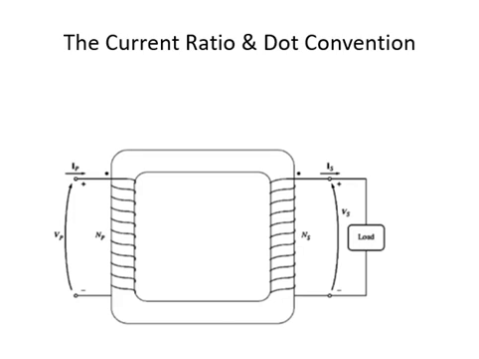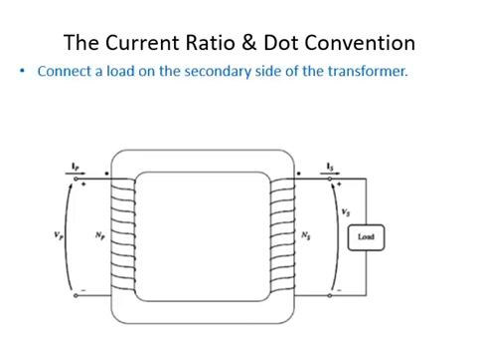Now we come to the current ratio and dot convention. Connect a load. Now we connect a load on the secondary side of the transformer so that we can also observe the current on the secondary side.